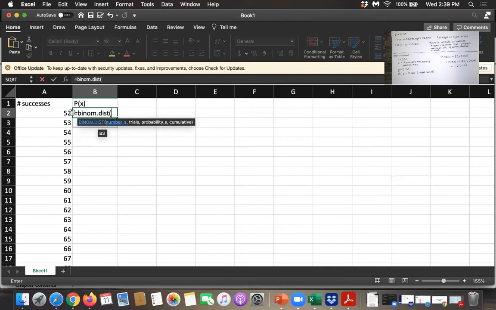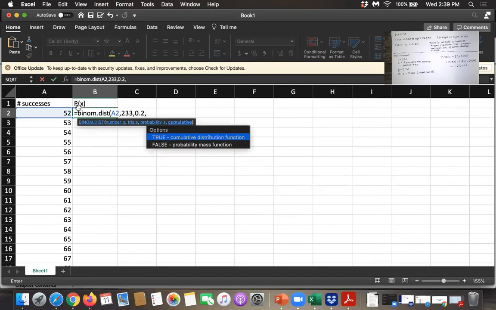The number of successes I want is this value, so I just select that cell. The next number they want is the number of trials, so it's 233 in our case. And then they want the assumed probability of success in one trial. That's the probability of success assumed in the null hypothesis. So the null hypothesis is assuming that 20% of these people who take this medicine are going to get nauseous from it.